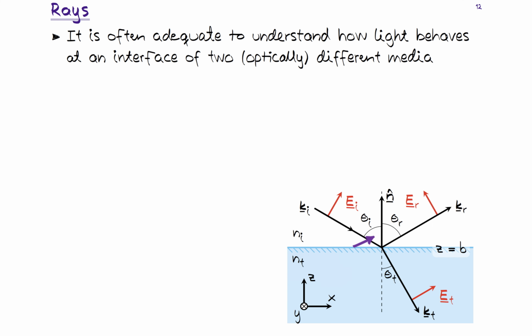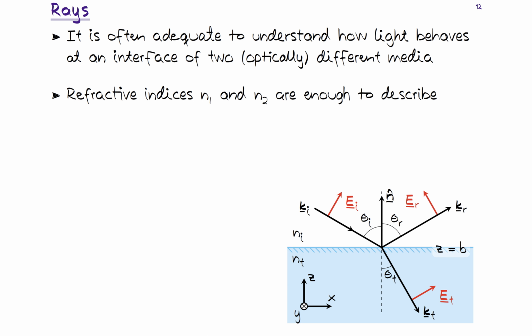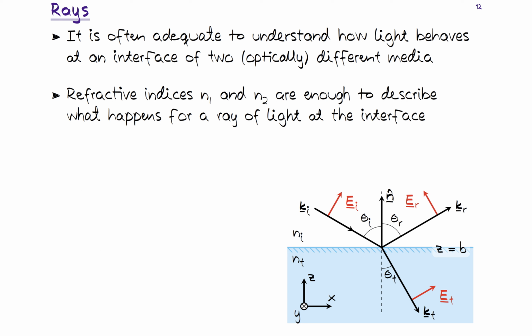Now, if you know the refractive indices, Ni and Nt, and if you know at which angle of incidence theta I the incident ray propagates, and here we have the wave vector for the incident ray, we can really describe how it reflects and how it refracts at the interface of the media. It's really these refractive indices, Ni and Nt, or N1 and N2, that are completely enough to describe what happens for the ray of light at this interface.